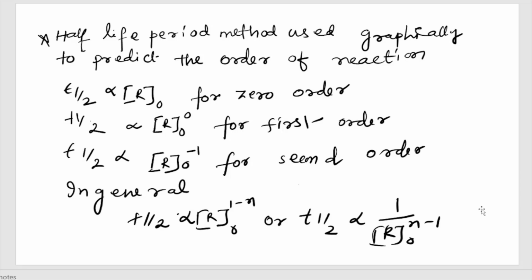If you know the T half and the concentration of any reactant, then you can find whether it is zero, first or second order.